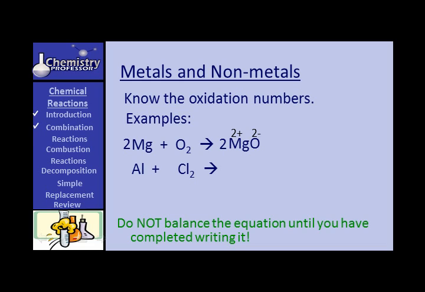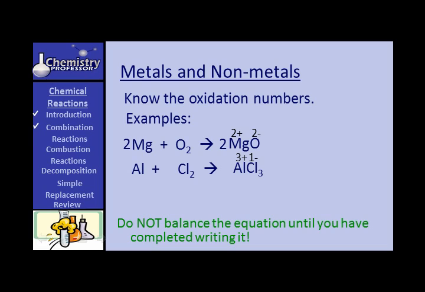We'll try this one for size. Here's aluminum plus chlorine. Now, we'll write them down, aluminum and chlorine. What is the oxidation state for aluminum, the common one? It's +3. And for chlorine, it's -1. So in order to make this be the proper formula, we have to have 3 chlorines. And there we go. Now let's balance the equation. Well, let's see. I have one aluminum and one aluminum. That looks good.